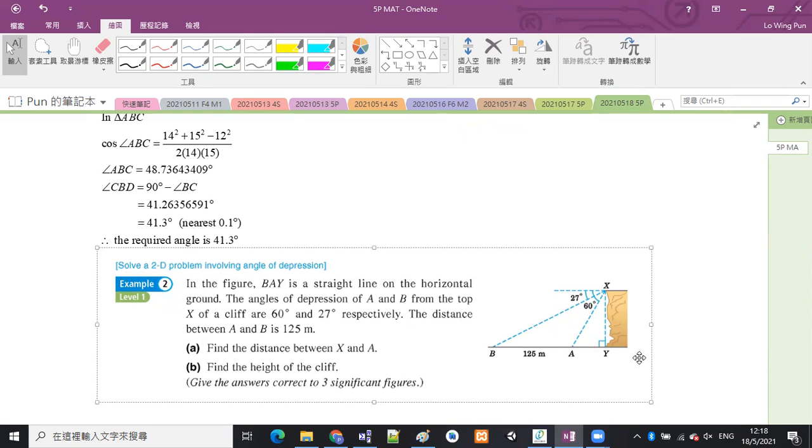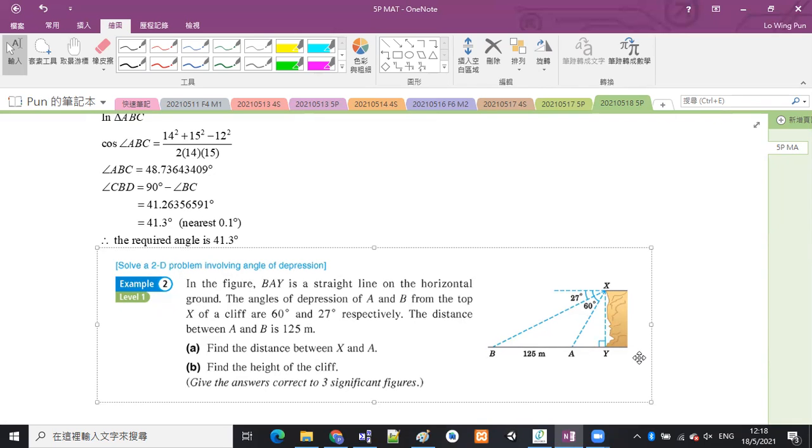So XA belongs to triangle XAY or triangle XAB. Can you see this? Okay. In which triangle do we have more information? I think it should be triangle XAB because we have a length here.